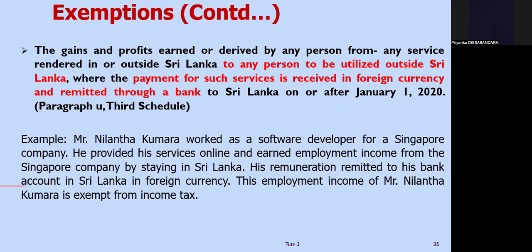There is another condition, that is the payment for that service should be received in foreign currency through a bank.